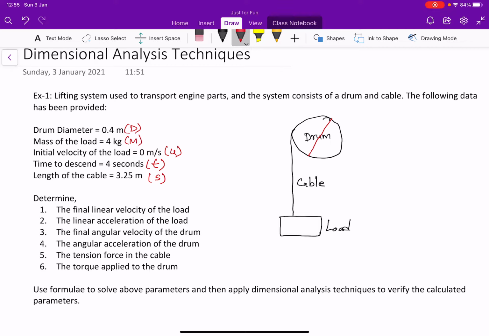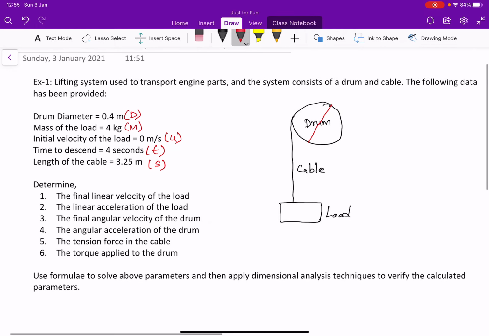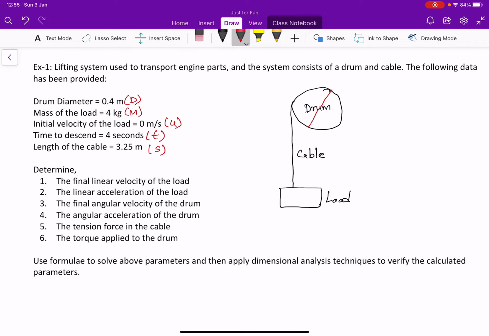Right, so once we have all the information, let's see what we need to calculate or determine. The things we need to determine are 6 parameters. First one is the final velocity of the load, which we refer to as V, and then the linear acceleration of the load, which we refer to as A. And then we need to find the final angular velocity of the drum. As you can see, the drum is in circular motion, so you have to calculate angular quantities for any circular motion object.